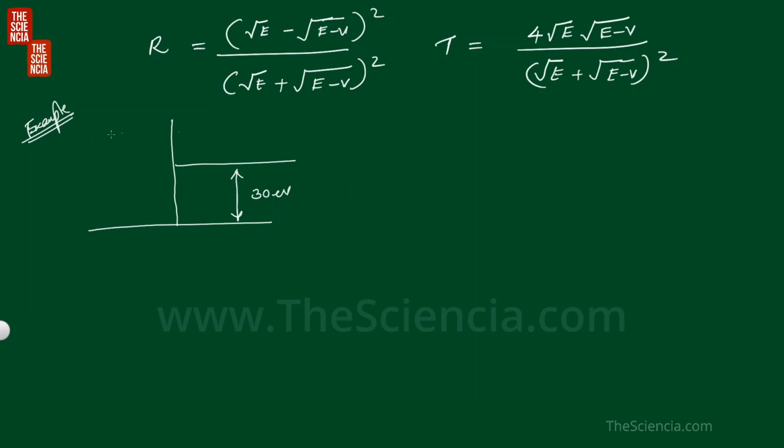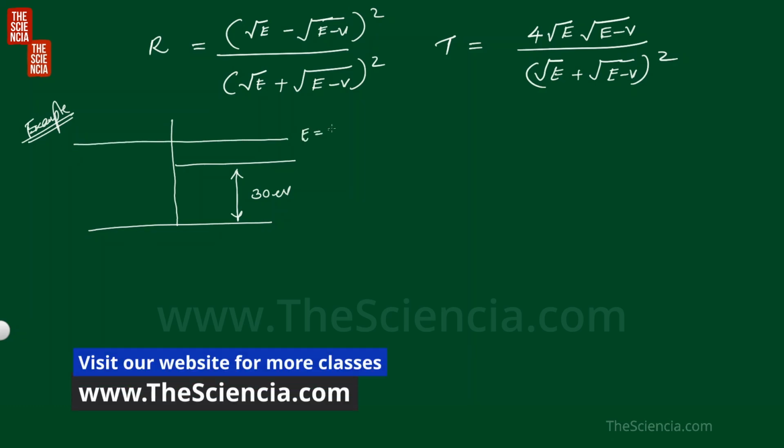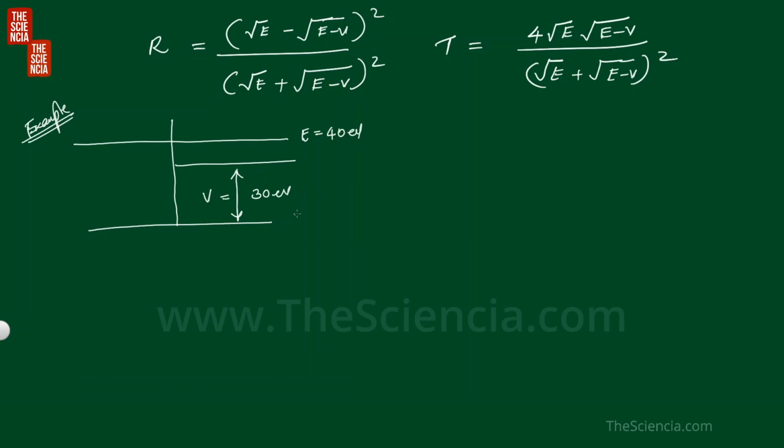And the particle has a certain energy, that is E equal to 40 eV. So this is potential V, that is equal to 30 eV, and the energy of the particle is 40 eV. Now we have to find out the reflection coefficient and transmission coefficient.